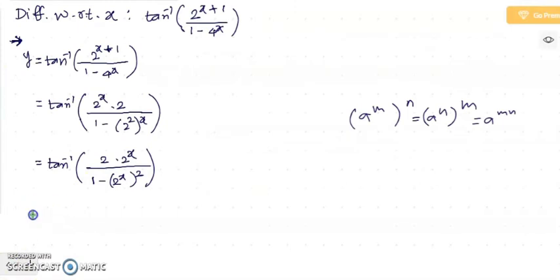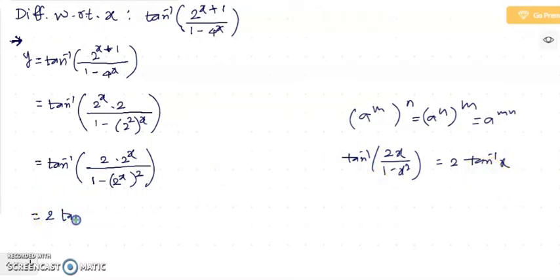It is tan inverse of 2x upon 1 minus x square is 2 tan inverse x. So what is the value of x here? 2 raised to x. So instead of 2 tan inverse x, we'll have it equal to 2 tan inverse of 2 raised to x. And therefore it will be now easy to differentiate.